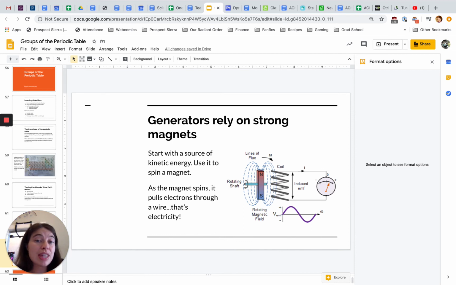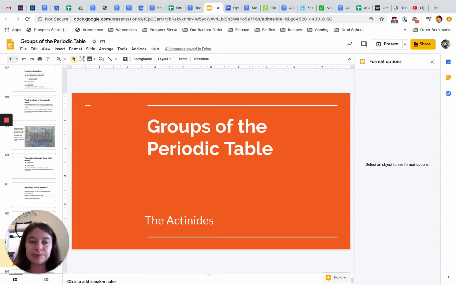You're going to use that flow of electrons from your battery in order to create an electromagnet, and you can have that electromagnet push on regular magnets in order to generate kinetic energy to start things moving. So whether you are trying to generate electricity or use electricity to create movement, you probably need magnets somewhere along the way, and that is what these rare earth elements are so good for.